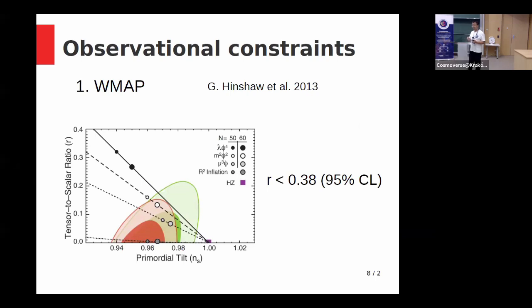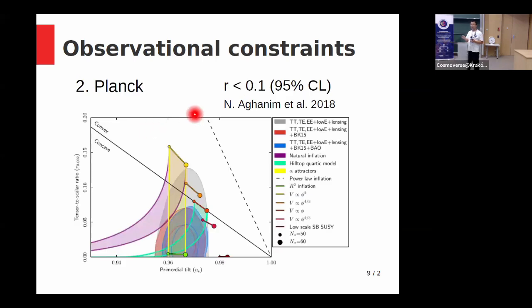And the first one is from WMAP in 2013. They gave the 2 sigma upper bound on the tensor-to-scalar ratio, 0.38. And after that, in 2018, the Planck collaboration used the PR3 likelihood and gave the 2 sigma upper limit, 0.1.